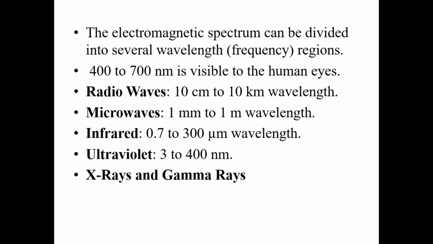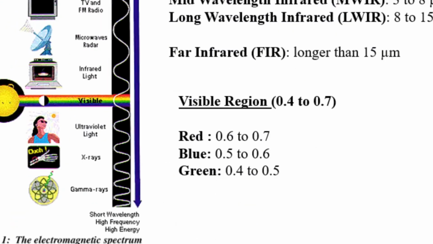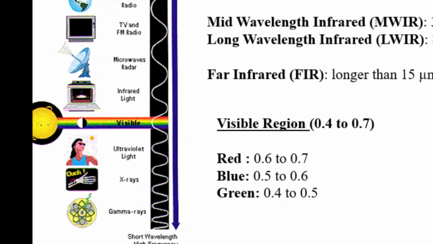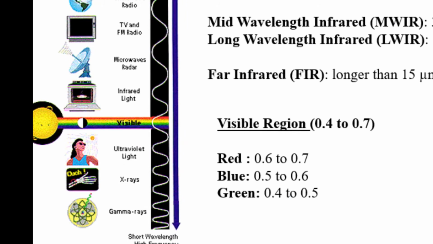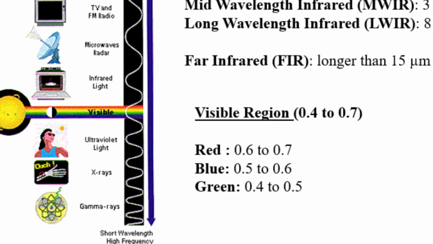The visible region occupies a very small region in the range between 0.4 to 0.7. Approximately, the range of color blue is 0.4 to 0.5, green is 0.5 to 0.6, and red is 0.6 to 0.7.